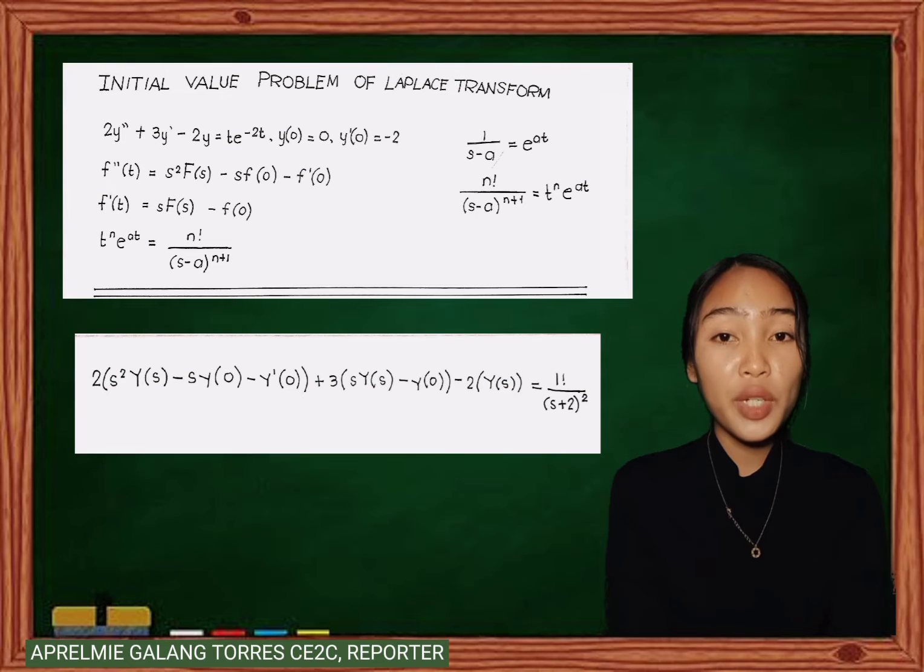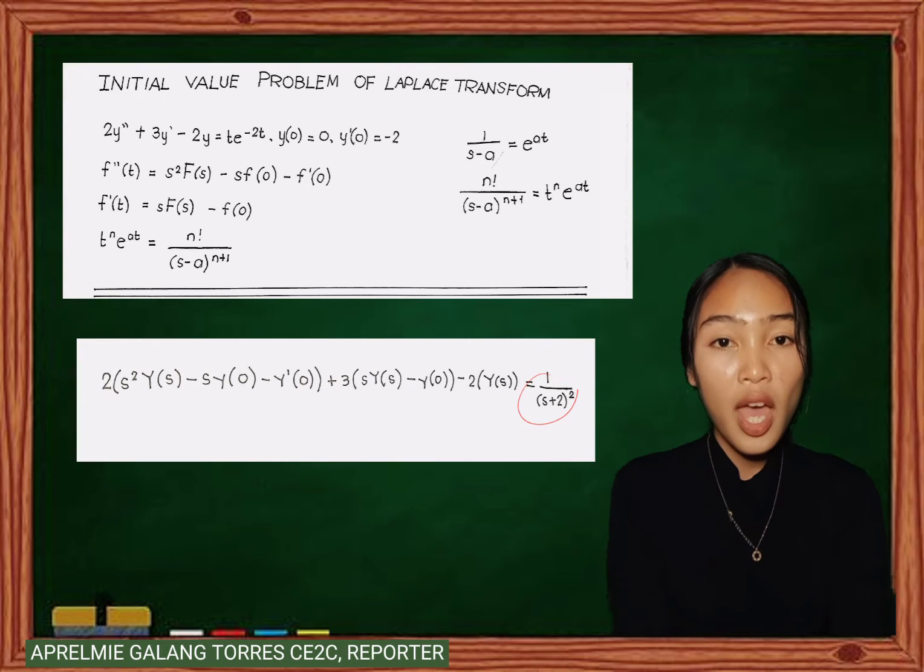We already know that n is equal to 1, so we'll have 1 plus 1, which is 2, and so that's going to be squared. 1 factorial, remember, is just 1, so let me go ahead and change that to 1 right now. Okay, so now we've made all our substitutions, and we don't need this formula on the left anymore. What we're going to do at this point is use our initial conditions y of 0 equals 0 and y prime of 0 equals negative 2.